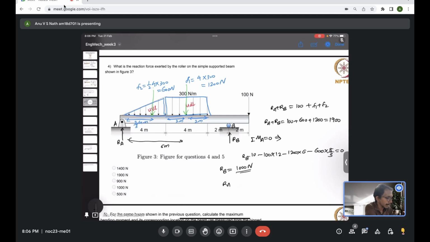And from the first equation you can say RA should be 900 Newton. Here it is just asked to evaluate the reaction at B, which is 1000 Newton. So option D is the correct answer.